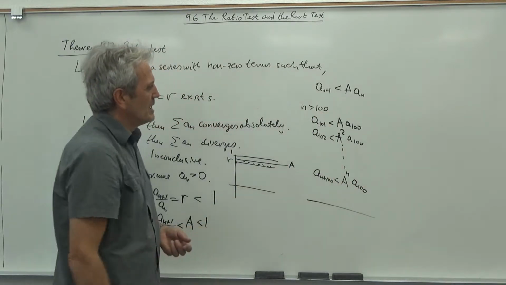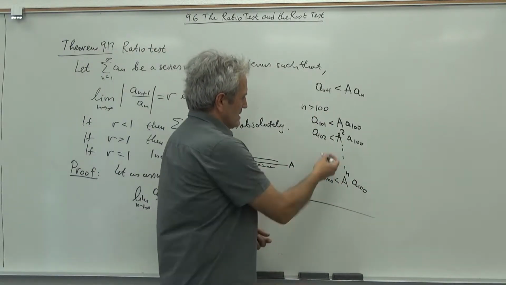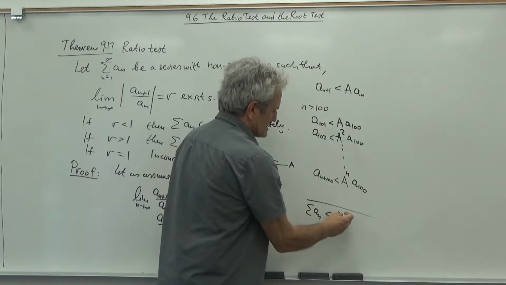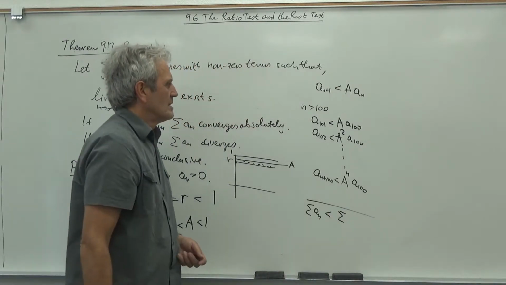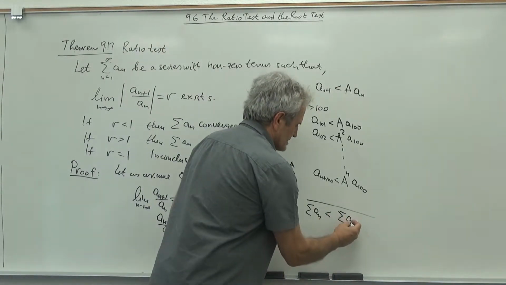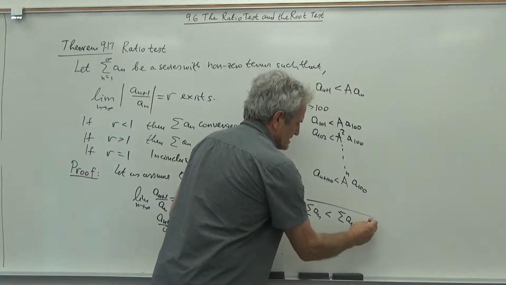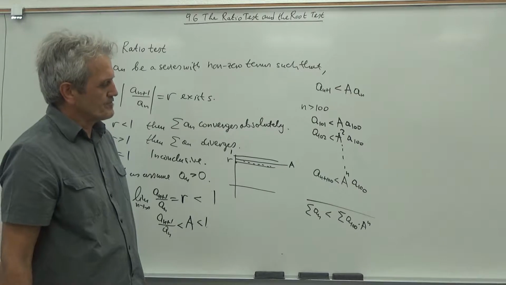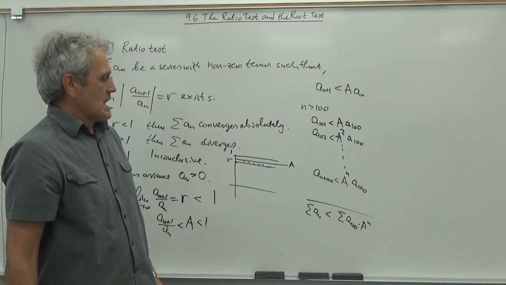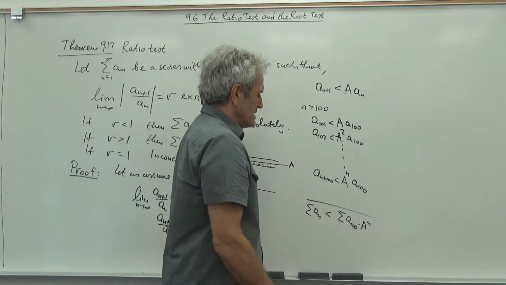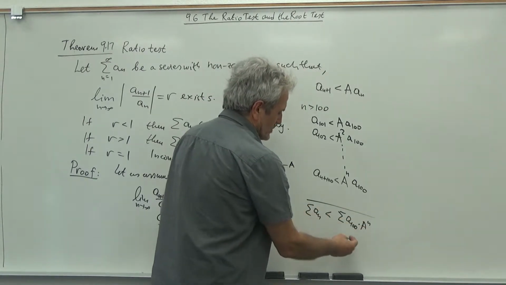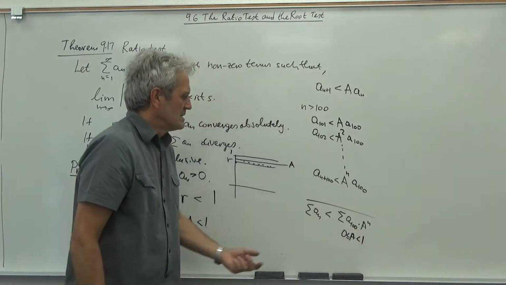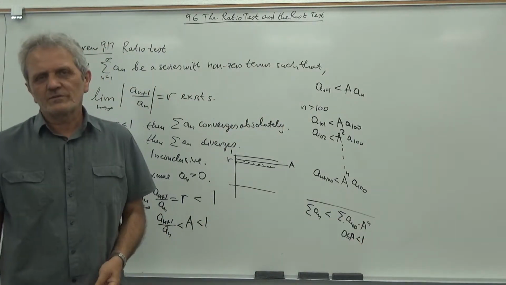So when we add them up, by comparison, this sum of a_n will be less than the sum of a_100 times a^n. This is a geometric series where the ratio is positive and less than 1, so this one converges, and ours converges by comparison.